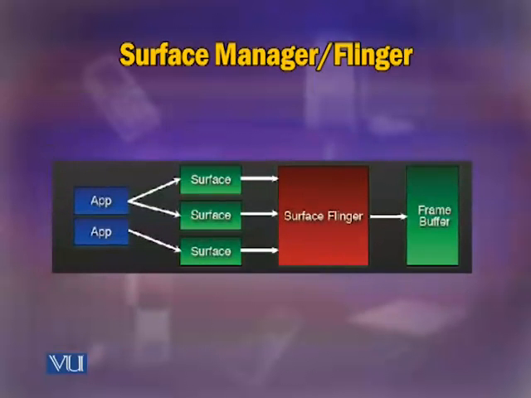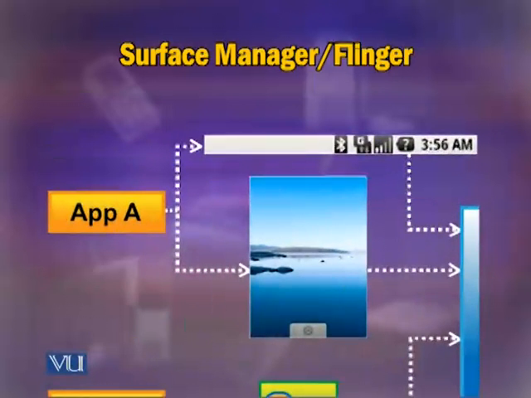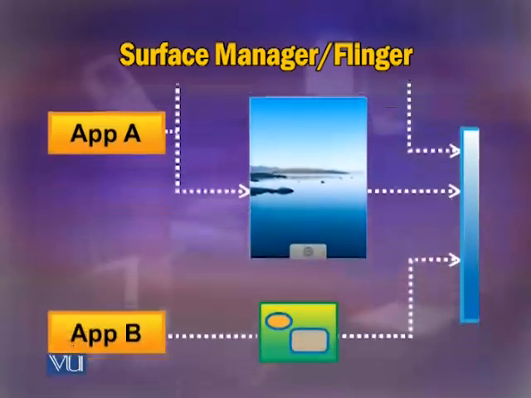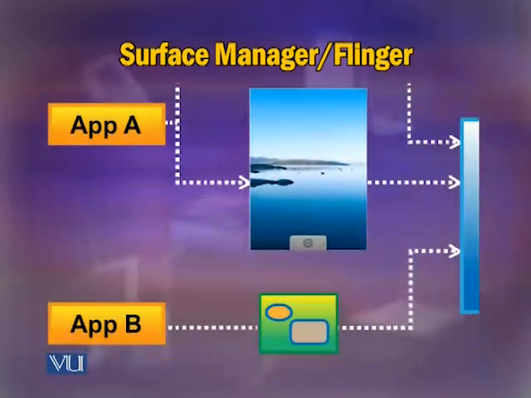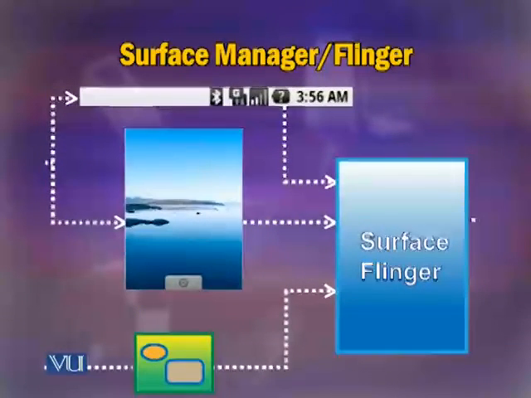So on the screen, if you see, we have an example. I have one example there of how the surface manager works. I have an application A जो आपका background draw कर रही है, and it also has certain elements जैसे कि आपकी network connectivity किस तरह की है, आपके पास battery power कितनी है, and all those things.